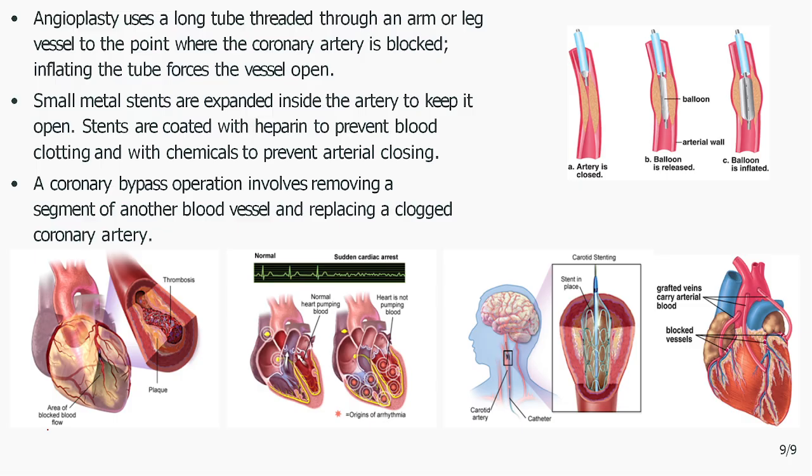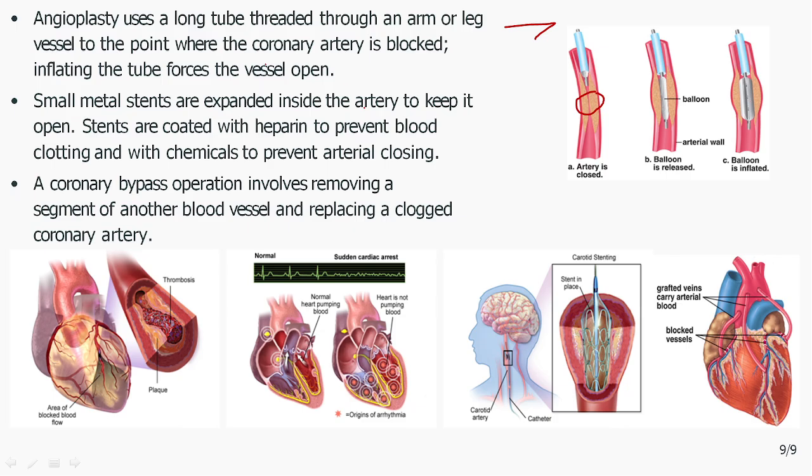You can mark here, this will enter, and this is your blockage; the artery is blocked due to the deposition of cholesterol. Now here you have this balloon against the arterial walls. Now the balloon is inflated. As it is inflated, there is a path.